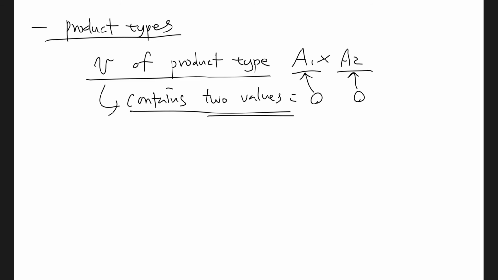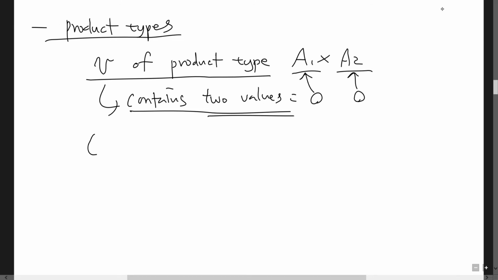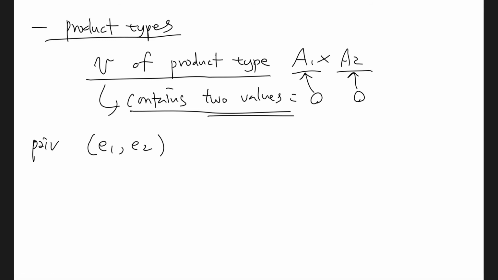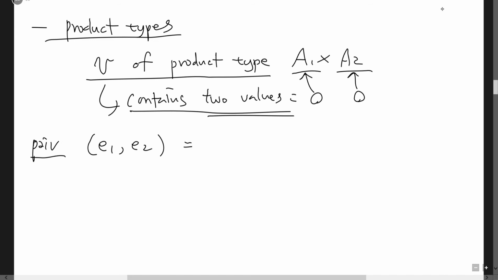So for syntax, we are going to use pair. So we write pair (E1, E2) enclosed in parentheses. So this pair basically pairs two expressions, E1 and E2. So if E1 has a type A1 and E2 has a type A2, we will assign type A1 times A2 to this expression, this pair.